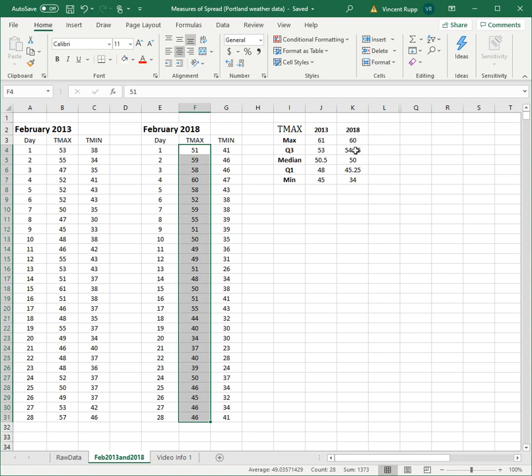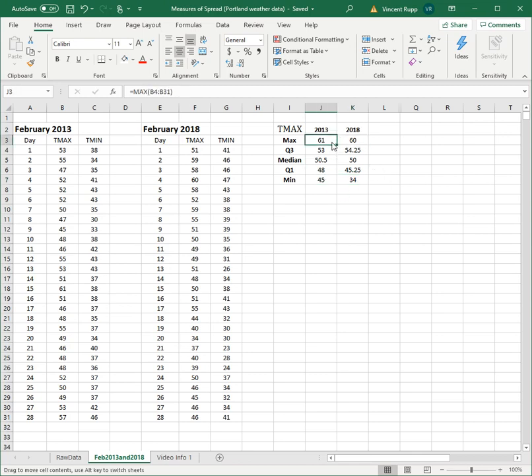Just looking at the 5-number summary that I put together over here, it looks like 2018 had the more spread out values because the min is 34, the max is 60, compared with 45 and 61. So these are similar up here, but this one is much lower, so we expect that 2018 will have more spread. So the first thing we can do is range, then IQR, and then standard deviation you could just call STDEV.